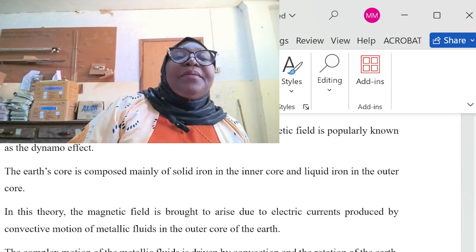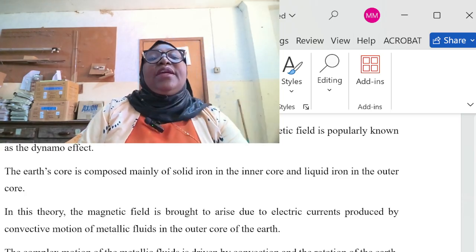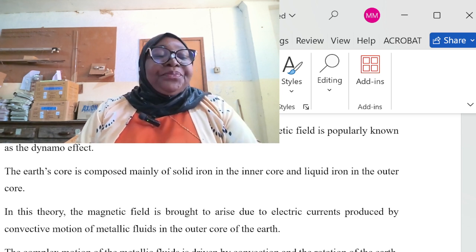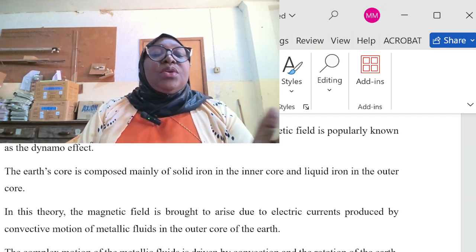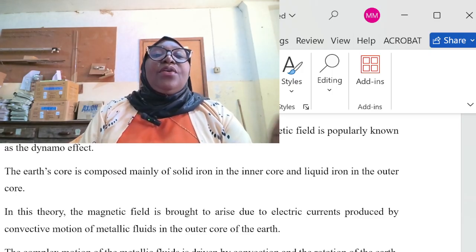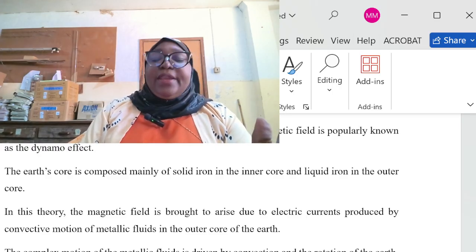As we know, the Earth is composed of three components, that is the mantle, crust, and the core. In the case of the core, there are two types, the inner core and the outer core. The inner core is solid in nature, while the outer core is liquid in nature.